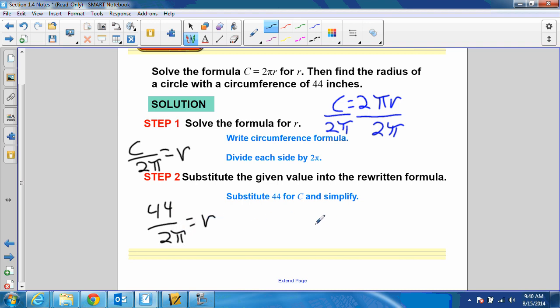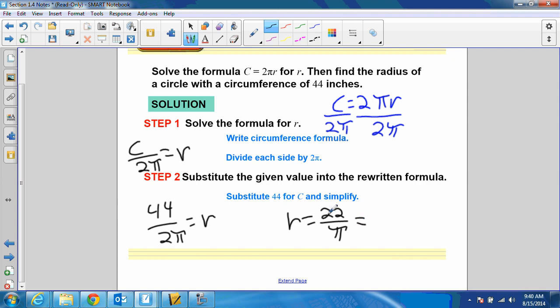Well, there's two ways you can write this. 44 divided by 2 is 22, so the radius could be left as 22 divided by pi. The other way you can do it is actually divide 22 by pi, which will give you not a nice number.